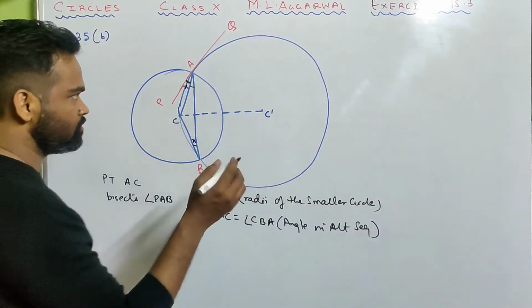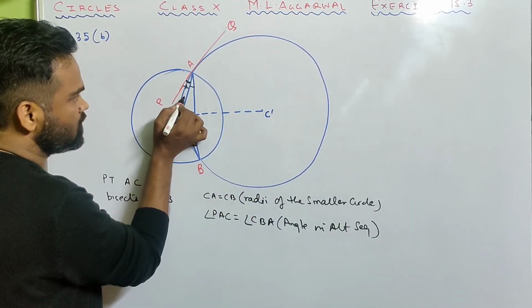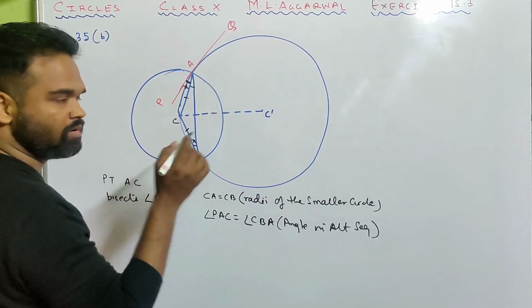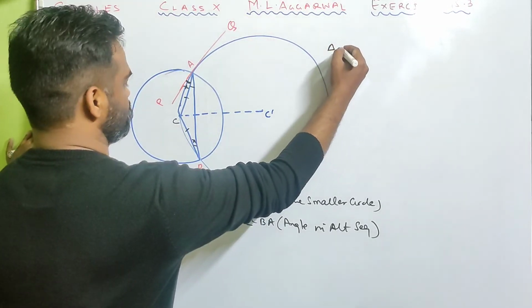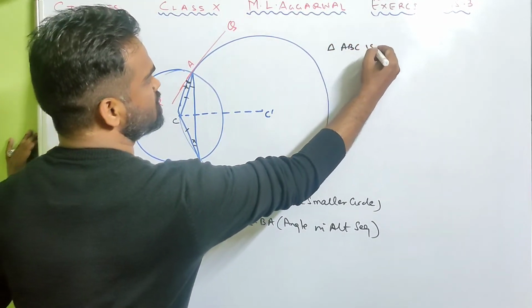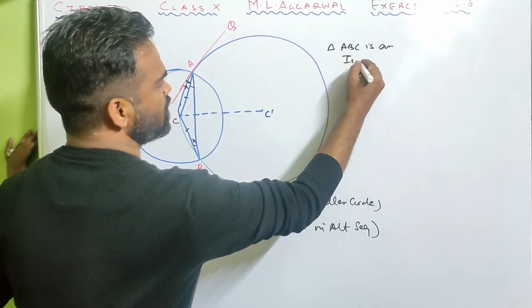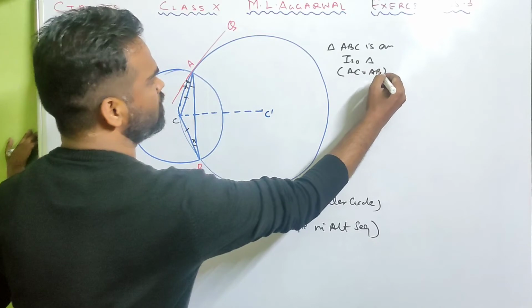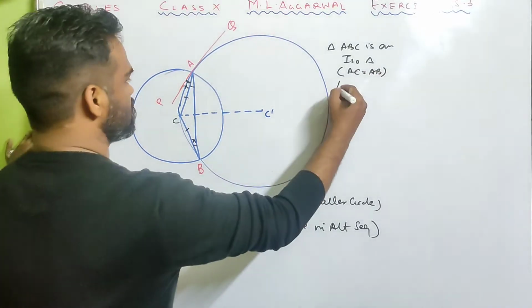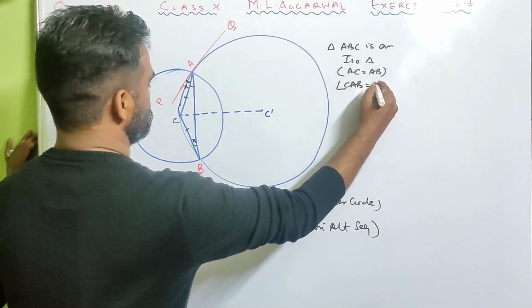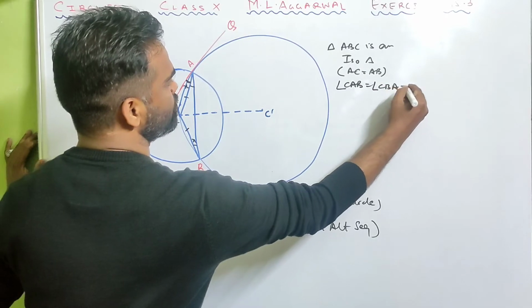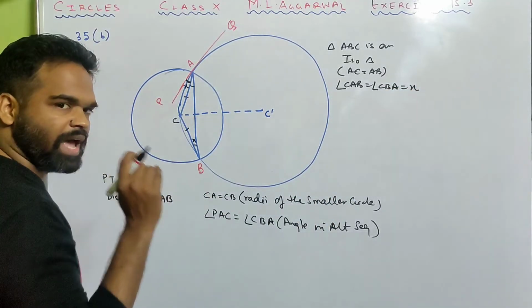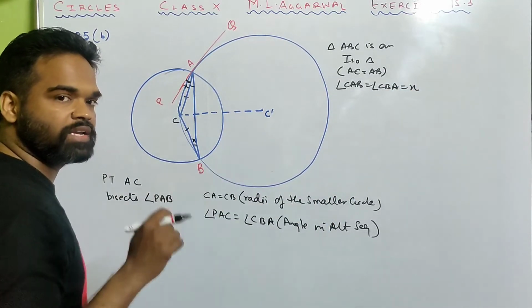Yes or no? Now CA and CB are equal, which means triangle ABC is an isosceles triangle. Because AC and AB are equal, angle CAB will be equal to CBA, equal to X, because the angles opposite to equal sides are equal.